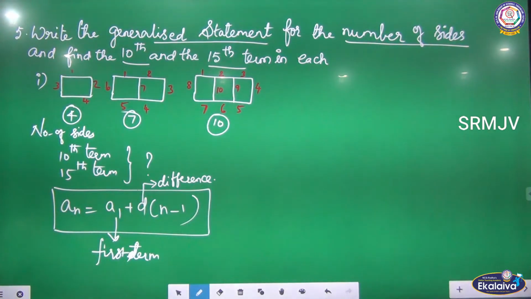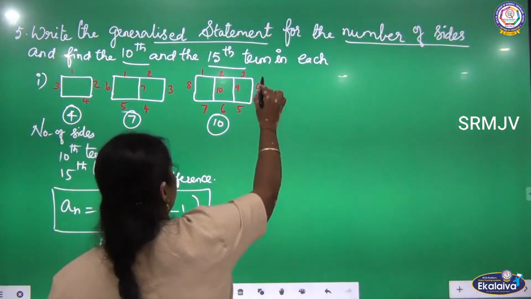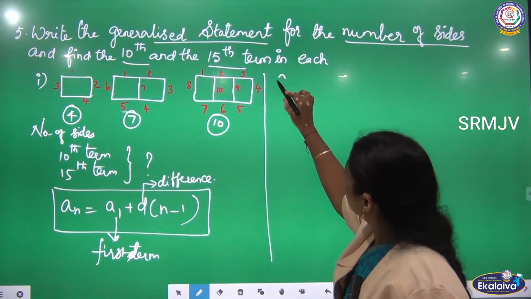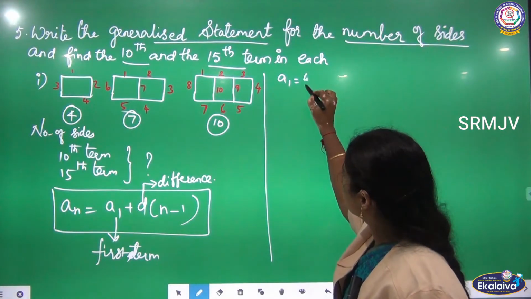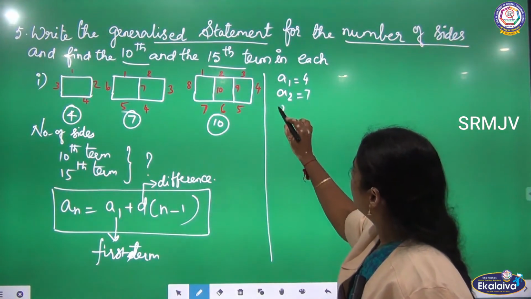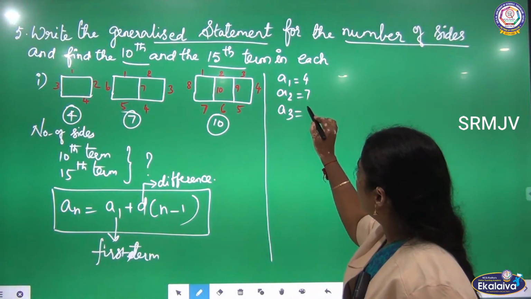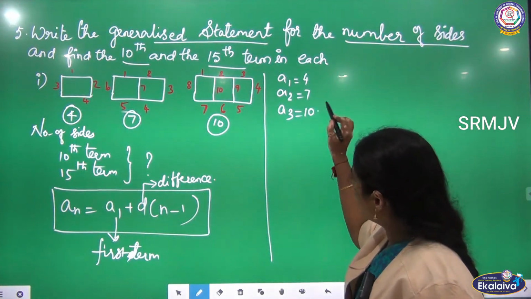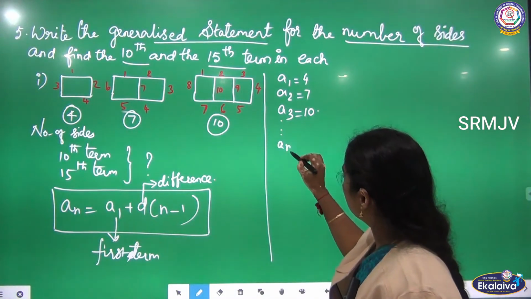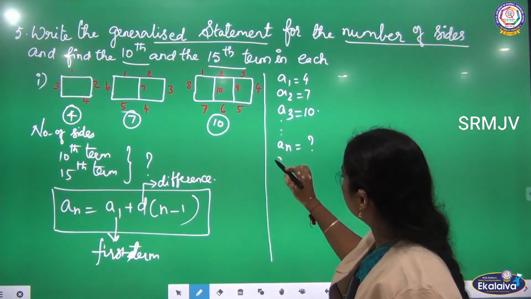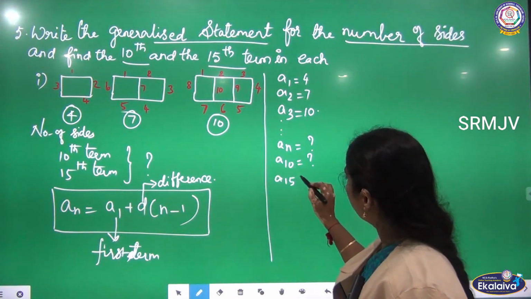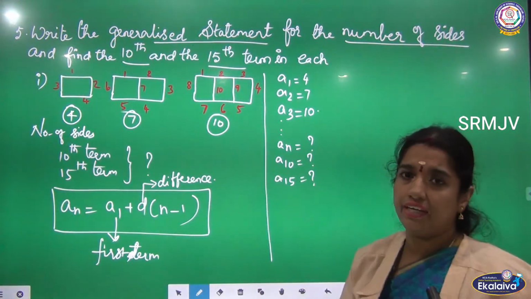Now listen, here my A1, see, A1 is 4, the number of sides, and A2 is 7. A3, what is the A3? 10. Here the first step I am going to find out An, afterwards A10, afterwards I am moving to find out the A15.